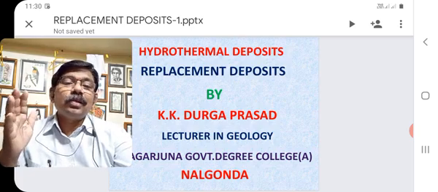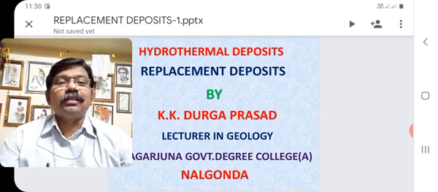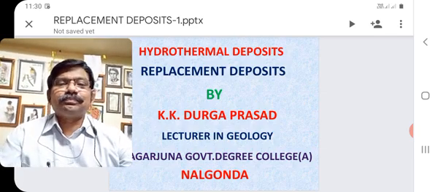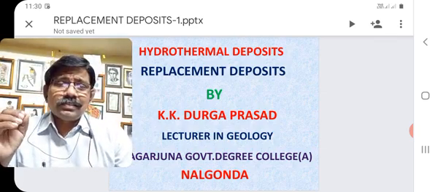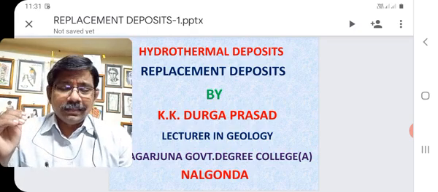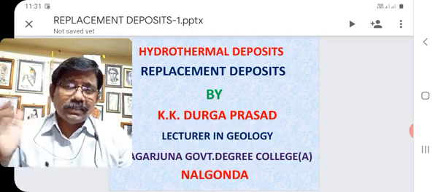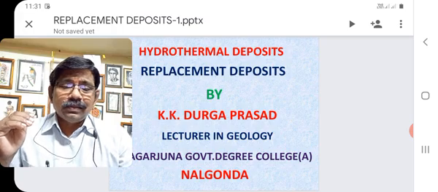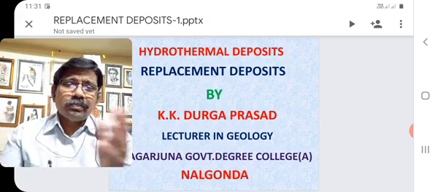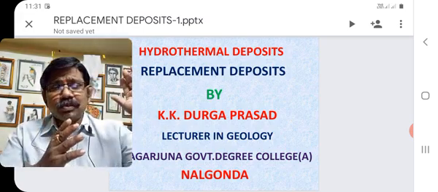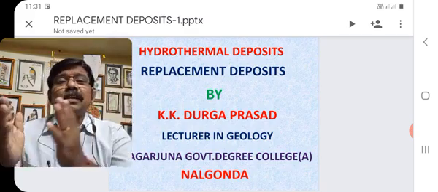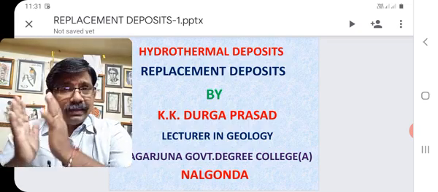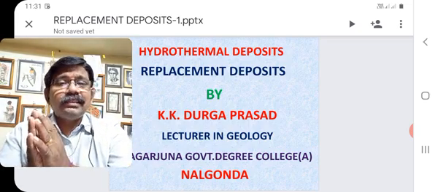Then we have to discuss, first of all, what the hydrothermal process is and how it can be decided, from what temperatures it falls. Suppose you take the magmatic concentration: the temperature falls from up to 1500 degrees to 900 degrees centigrade, as there is a limitation.